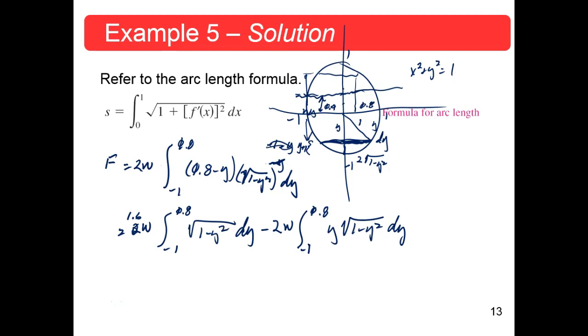Yeah, that's going to be a sine. What would you do here? A regular substitution. Let u equal 1 minus y squared, du is equal to minus 2y dy. That's going to work perfectly with a regular substitution. So this will be the trig substitution, and that would be your regular substitution. And they both work out pretty well. Yeah, you have u to the 1/2 and other stuff in there, but it's not bad to do.